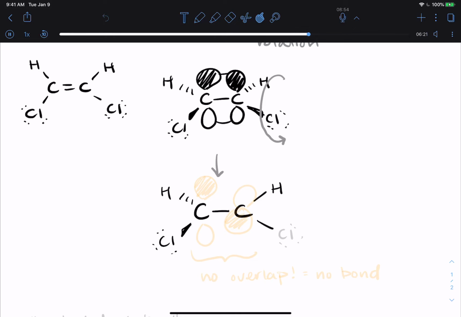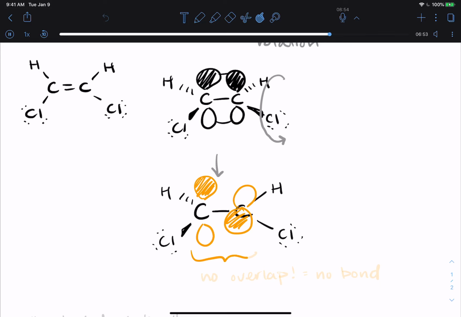And then my chlorine has gone from coming out, and now it is pushed into the plane of the paper, which leaves my orbitals such that this p orbital on the left carbon hasn't moved because that atom hasn't moved, but my p orbital that was in the plane of the paper, if I rotate this carbon, is now coming out and going back.